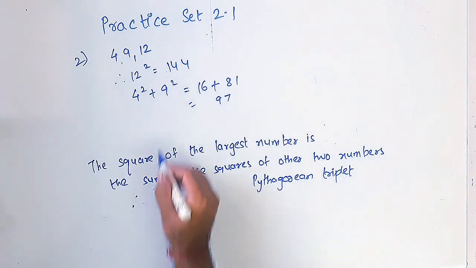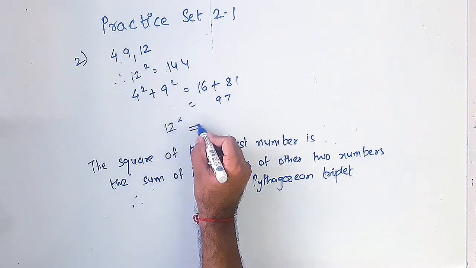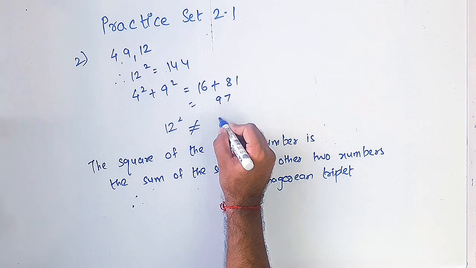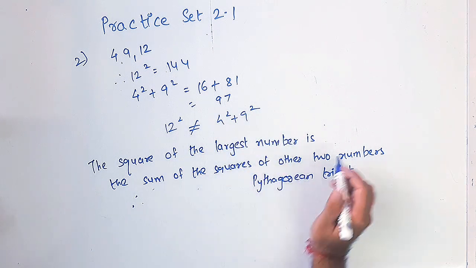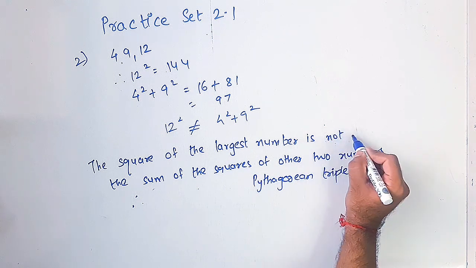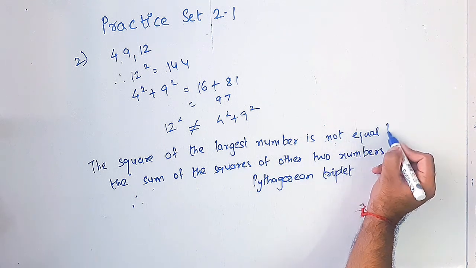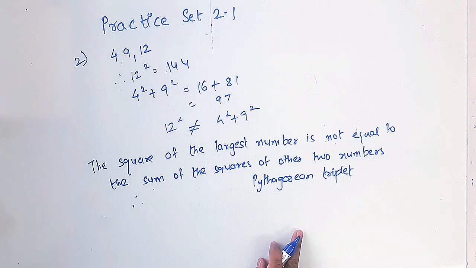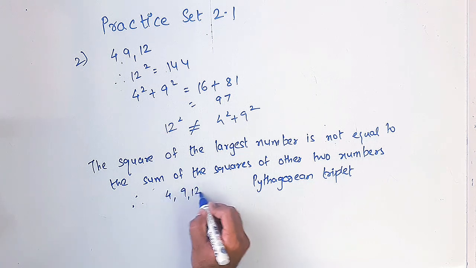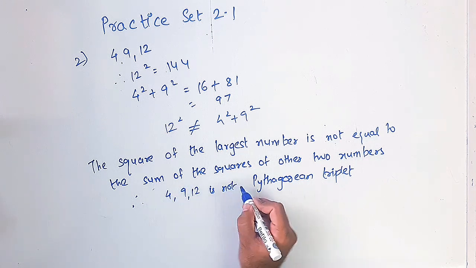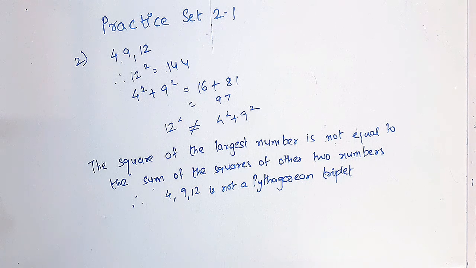So you can see 12 square is not equal to 4 square plus 9 square. So you can write the square of the largest number is not equal to the sum of the squares of the other two numbers. Therefore 4, 9, 12 is not a Pythagorean triplet.